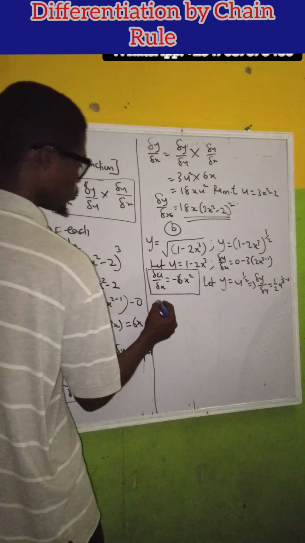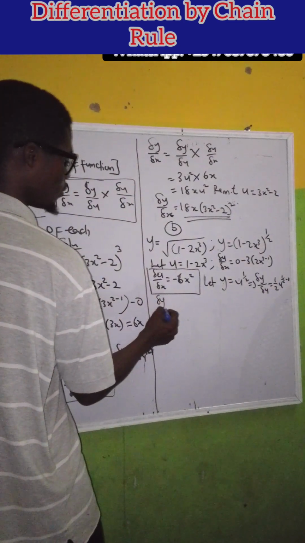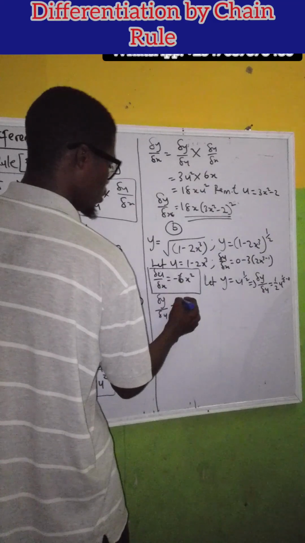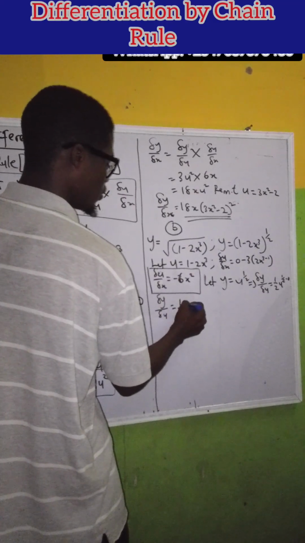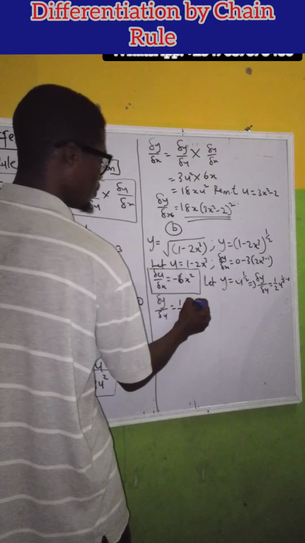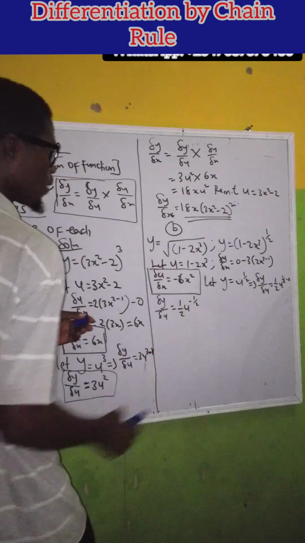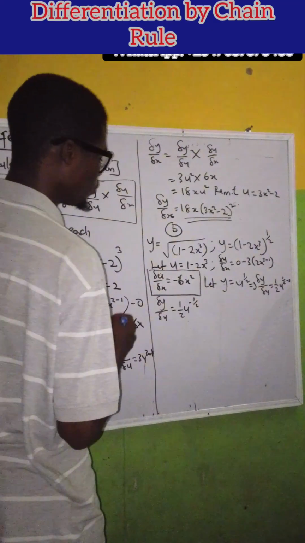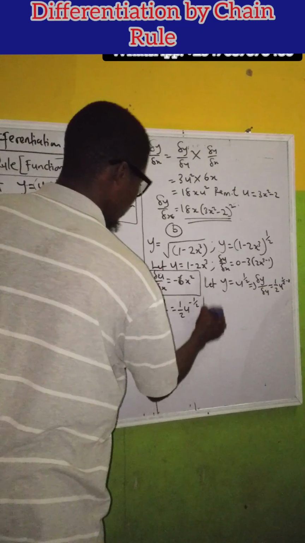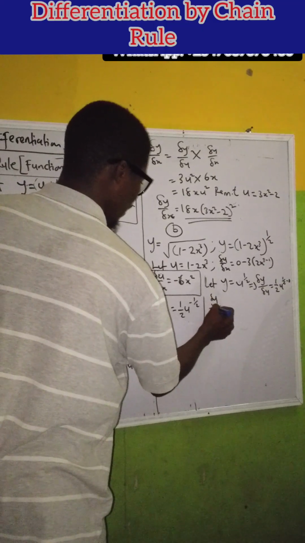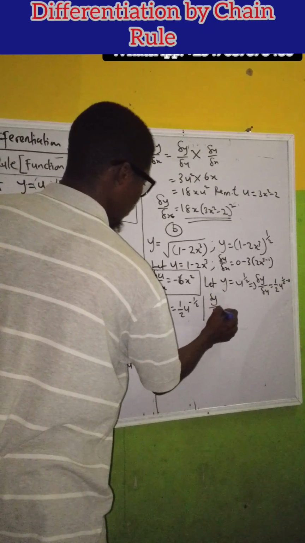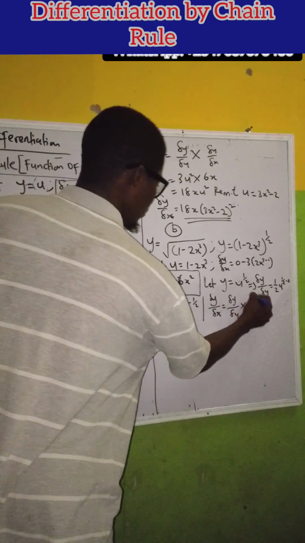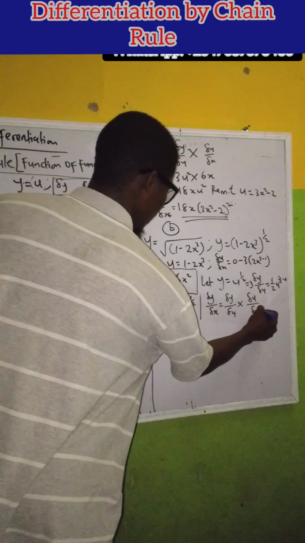Don't forget, so we now have dy over du equal to half u raised to power minus half. Half minus 1 is minus half. So moving on, you remember that by chain rule dy over dx is equal to dy over du times du over dx.